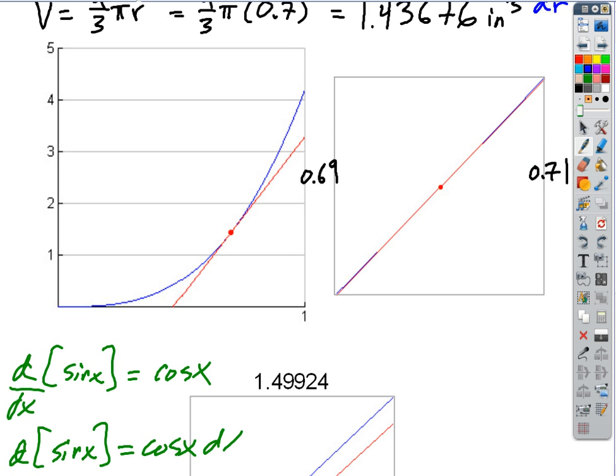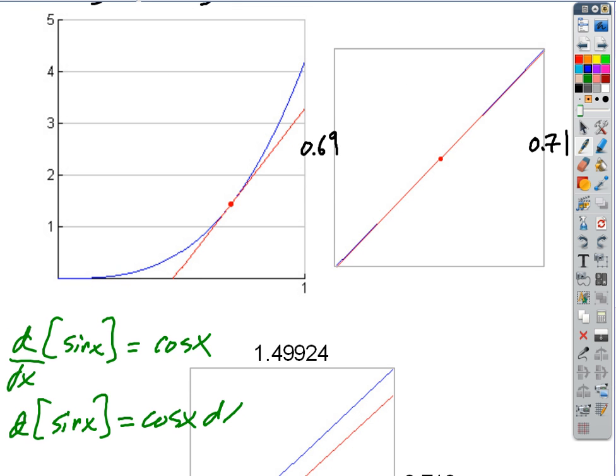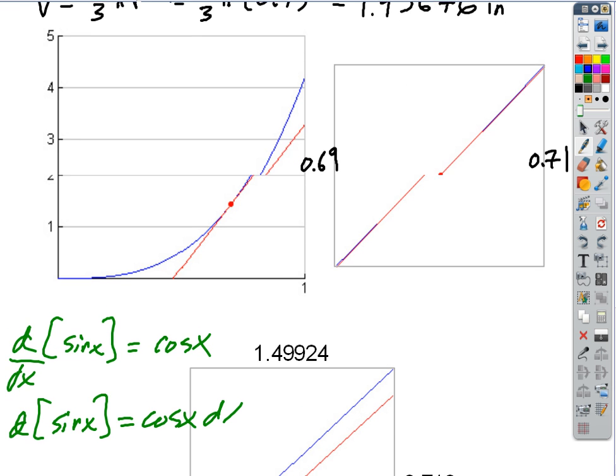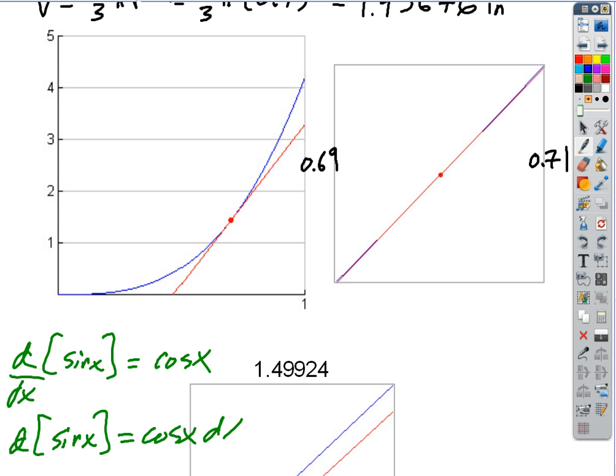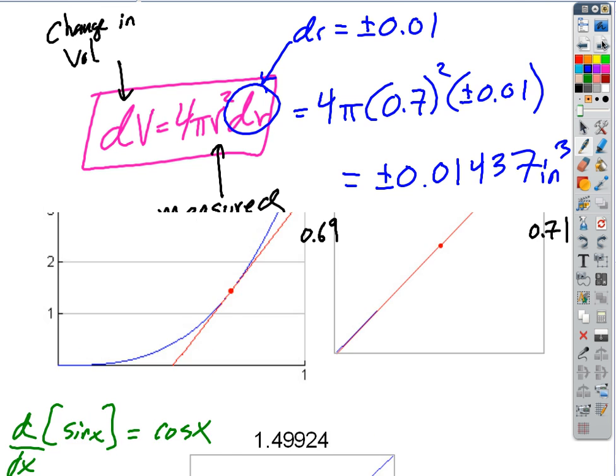Okay, so you get the idea. Now that's a lot of theory. It's not that bad though. Let's try a problem. I'm gonna make up another one here. Knock this one out. It's no big deal.